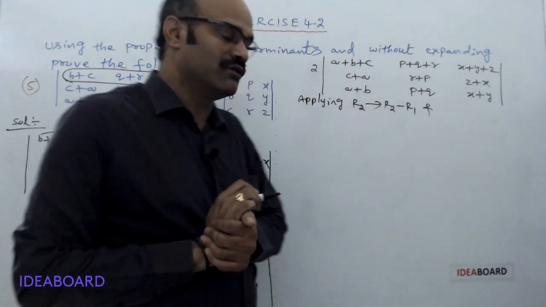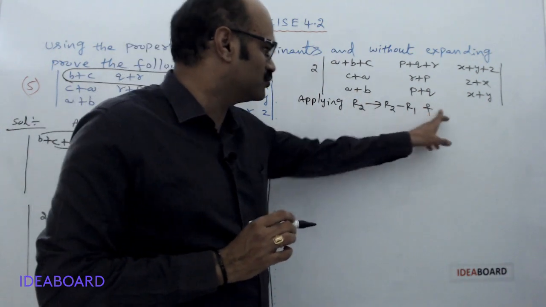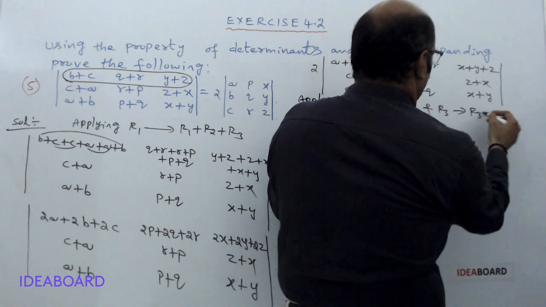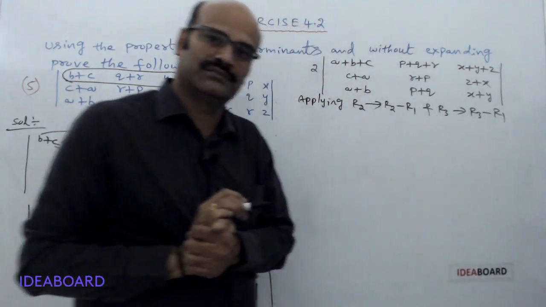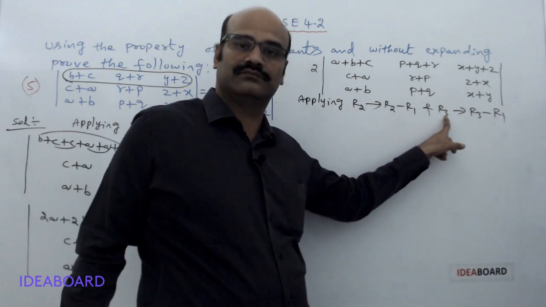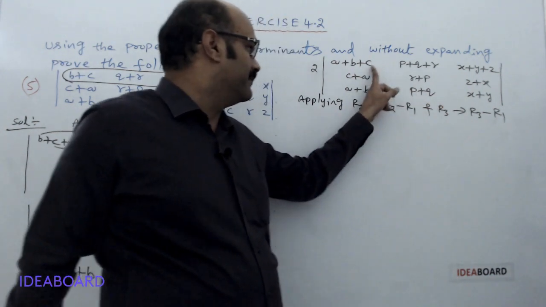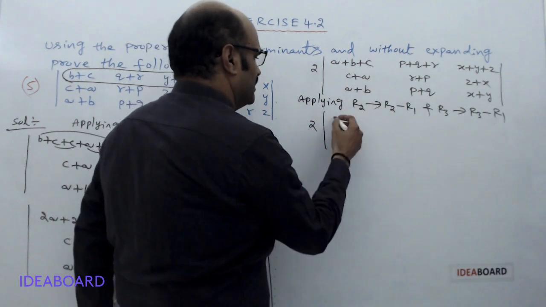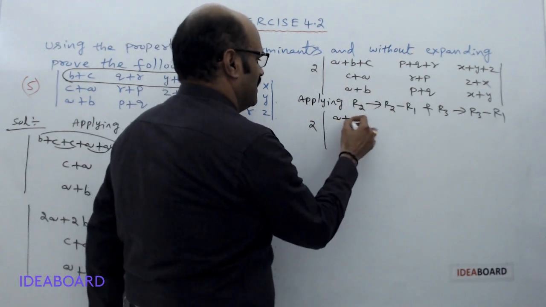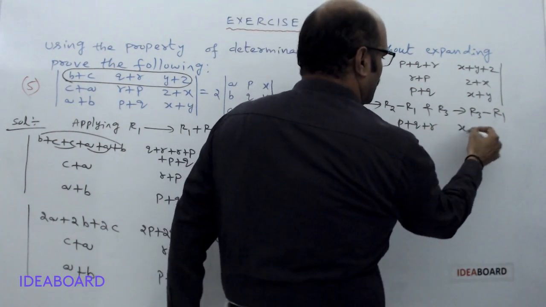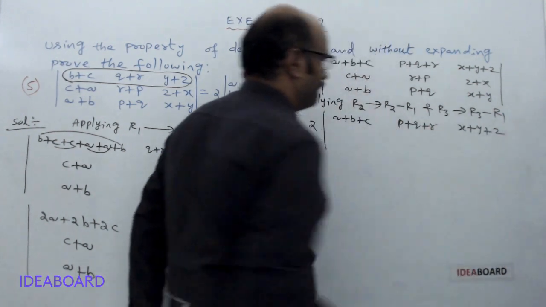And one more, R3 changes to R3 minus R1. Here we are changing R2 and R3. So it becomes 2 times determinant of R1 is same, no change in R1, a plus b plus c, p plus q plus r, x plus y plus z.